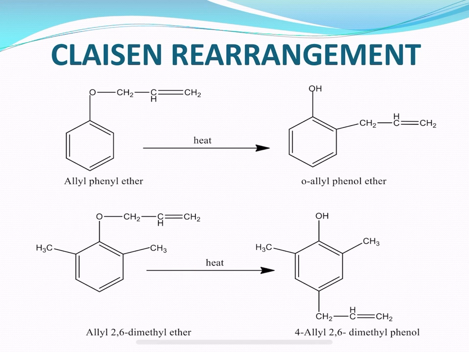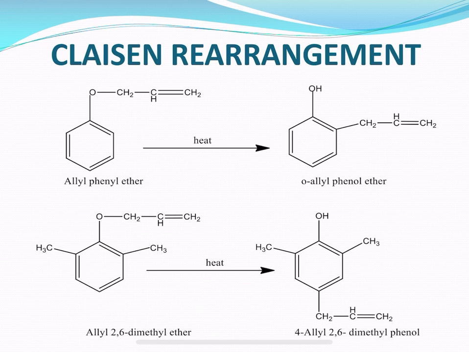Since here the two ortho positions are blocked, because at one ortho position a methyl group is present and on the other side also a methyl group is present, both ortho positions are blocked by the presence of methyl groups.